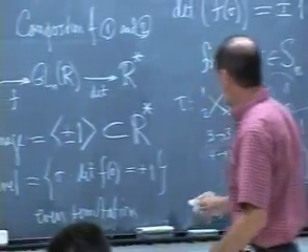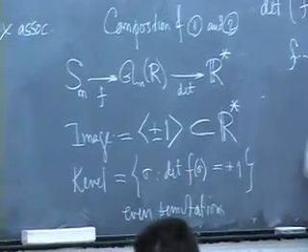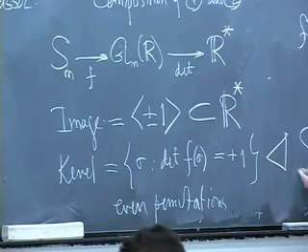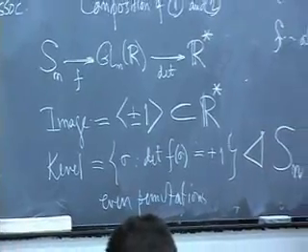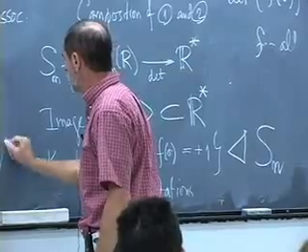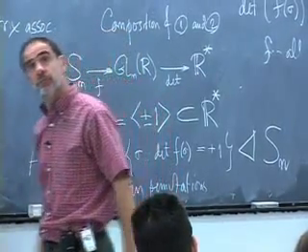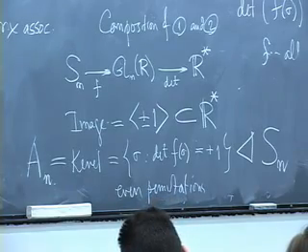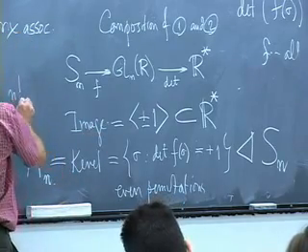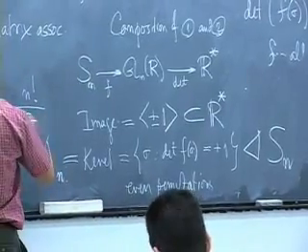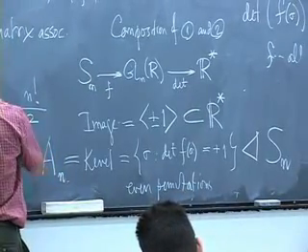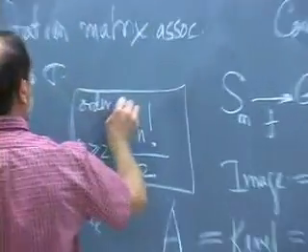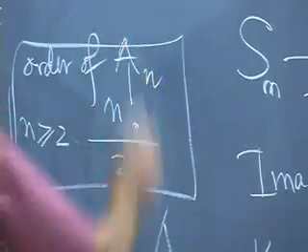But that's a normal subgroup of Sn, non-trivial normal subgroup, and it's called the alternating group on n letters. We're going to see pretty soon that its order is half the order of Sn. So its order is going to be n factorial divided by 2, at least when n is bigger than or equal to 2. The order of An. We're going to prove that pretty soon.